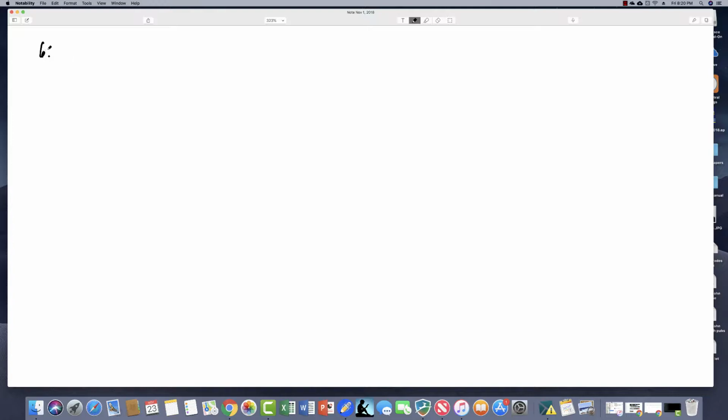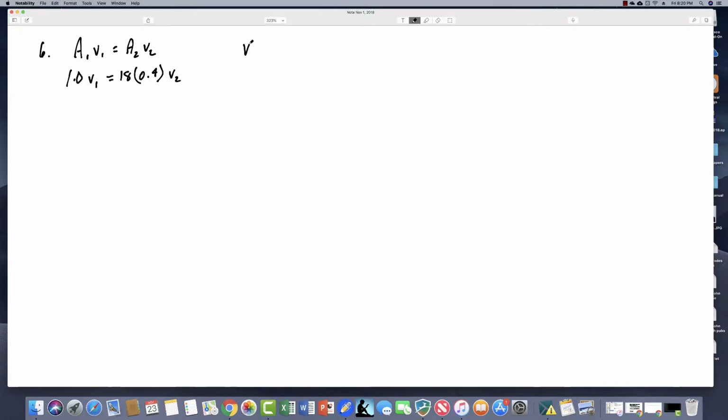Well, we know that the area times the velocity is going to equal the area times the velocity. And so we also know that this is going to be 1.0 times the first velocity is equal to 18 times 0.4 times the second velocity.